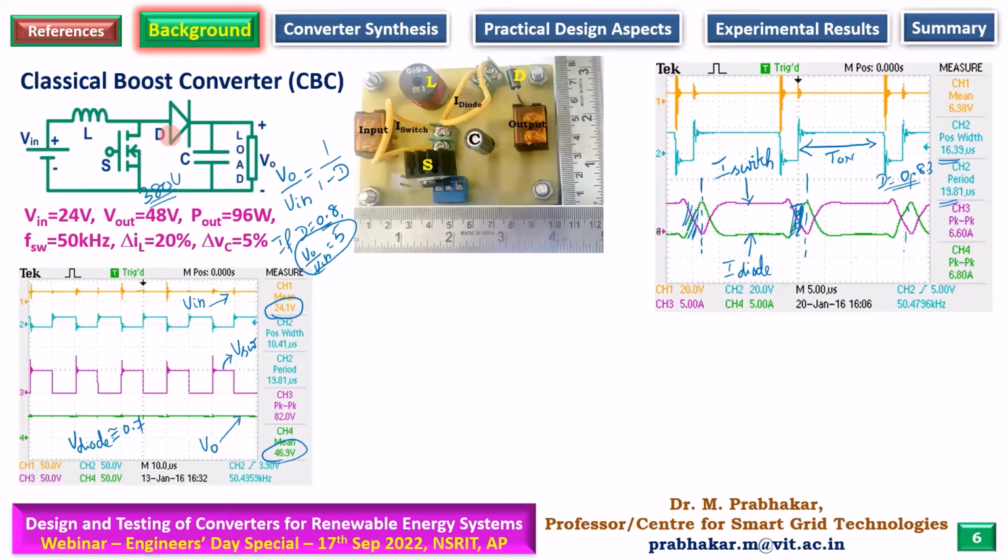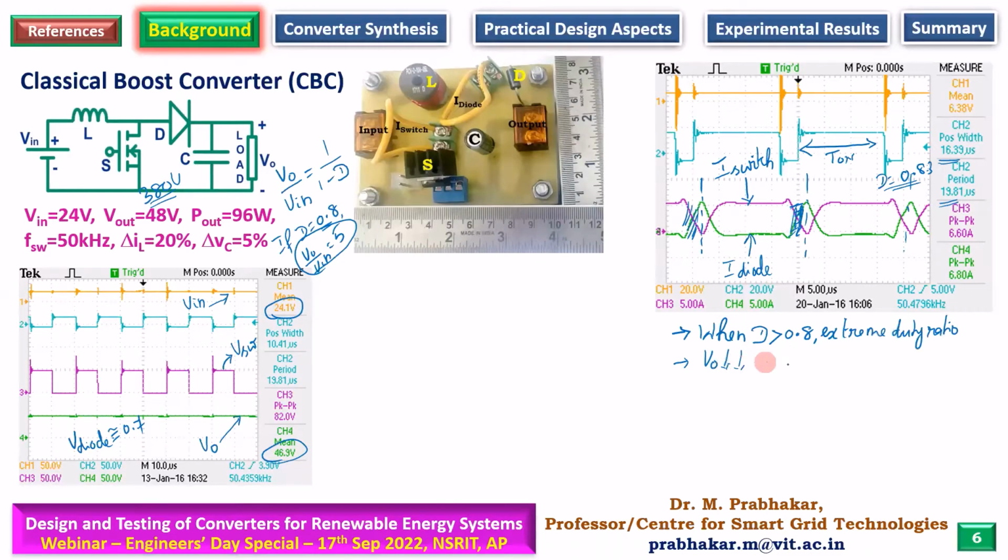This is called extreme duty ratio operation. When duty ratio is greater than 0.8, beyond that, it is called extreme duty ratio operation. This will result in V naught reducing.